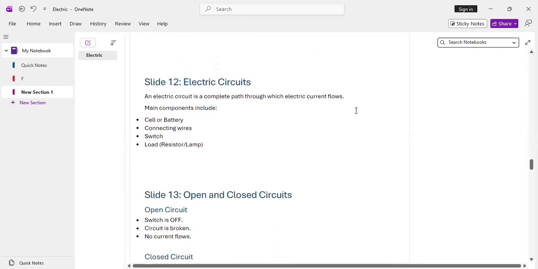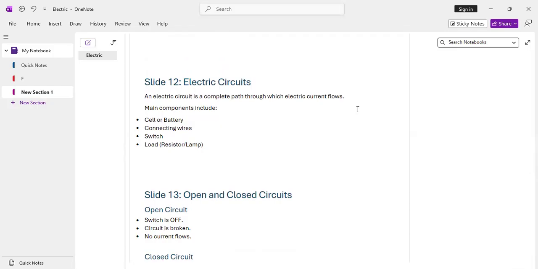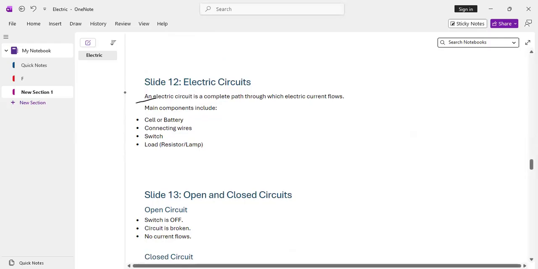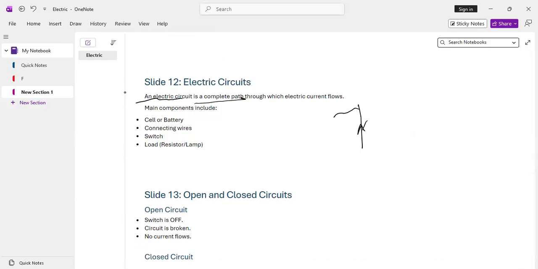So now let's go to another topic, electric circuit. An electric circuit is a complete path through which electric current flows. If electric current is moving and it sees a conductor and another non-conductor, it will definitely follow the conductor path going to another place.